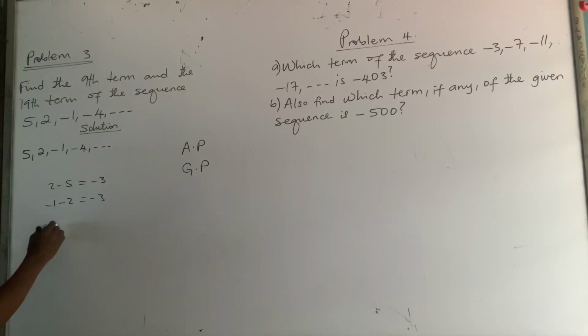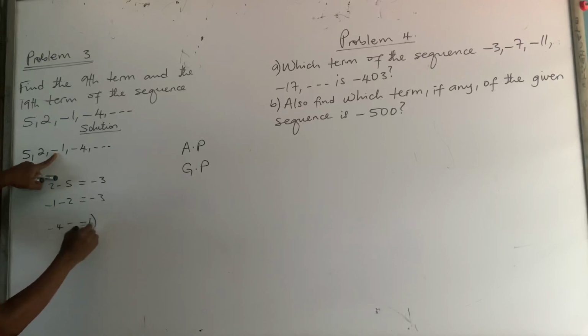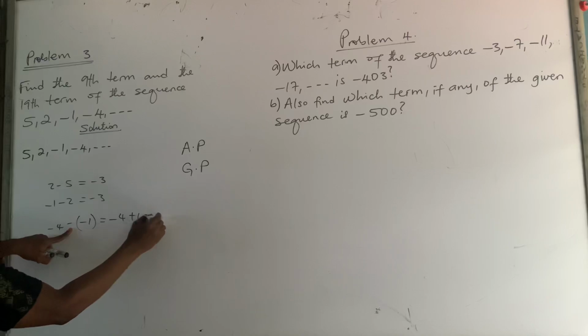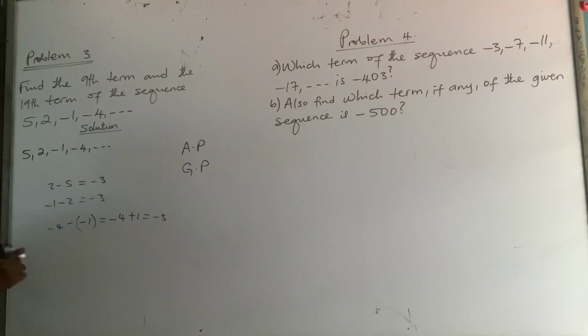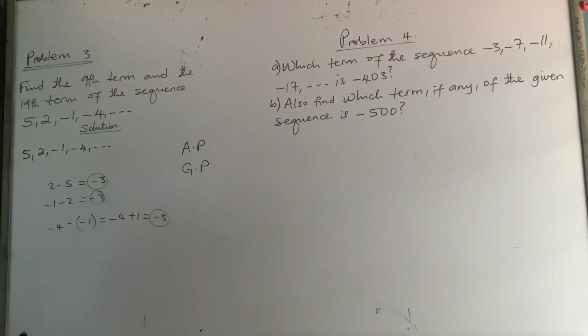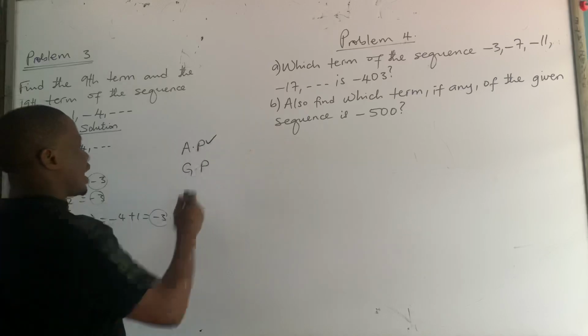Here again, minus 4 minus the preceding term, minus 1. We have minus 4 plus 1, that is minus 3. So we can see that we have a constant difference. This constant difference is what we call the common difference. So once we have a constant difference, we normally call it common difference. So we can say this sequence is an AP.